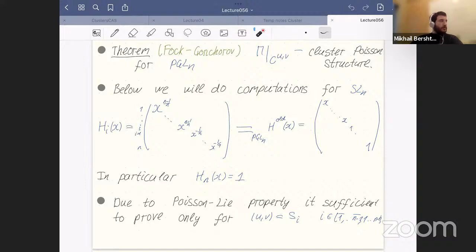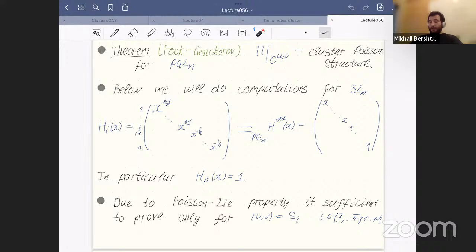Maybe not a big difference, but in the practical computation I will do the computation for SLN. Probably you will not notice it in the computation which I put on the slide, but the computations were done for SLN.